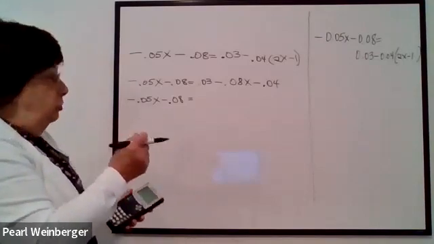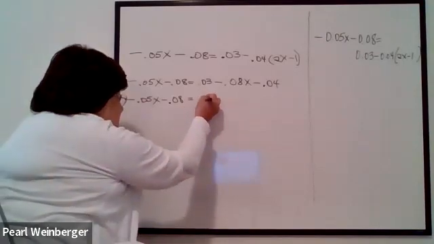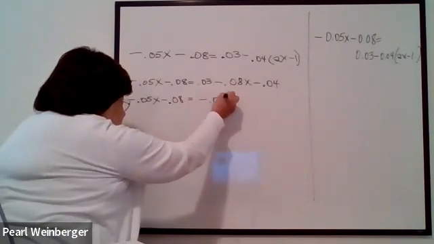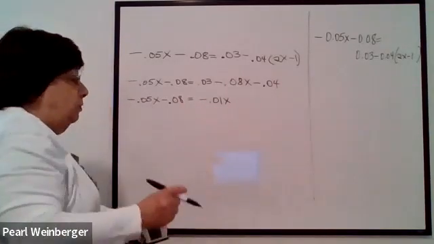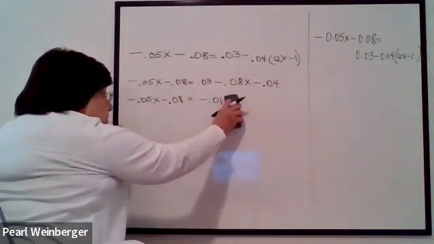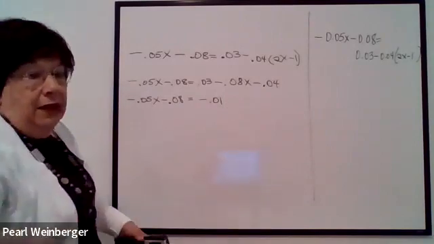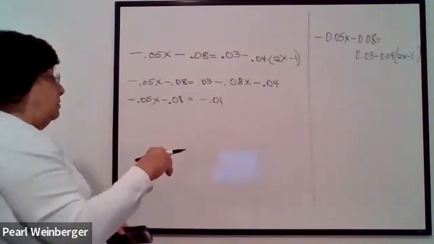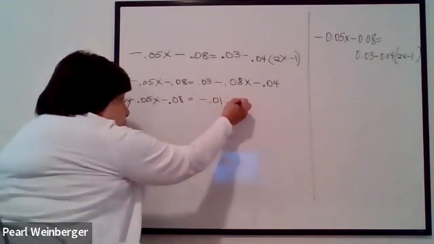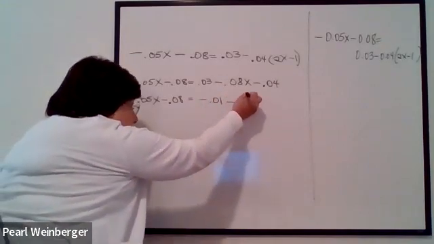I know you could do this without the calculator, but I just want to show you that if you use your calculator, you're going, okay, this one doesn't have an x. You're less likely to make any mistakes. And then, of course, I just bring down the 0.08x.